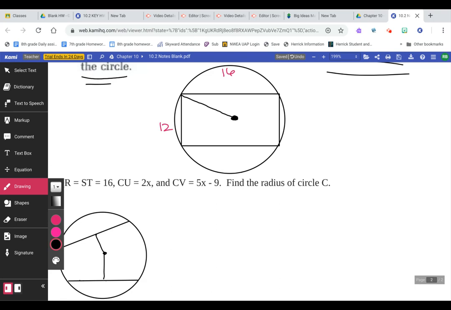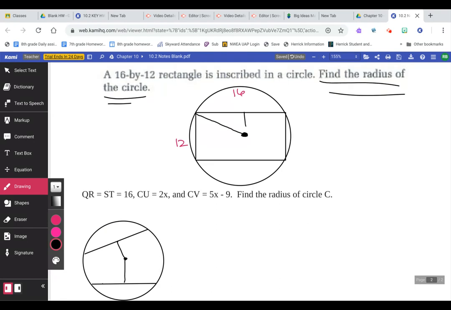And then if I drop this line down, I've now formed a right triangle. With the sides of the rectangle, this would be 8 and 8. And then if I go from here, this side would be 6 because the rest of it would be 6 to add up to 12.